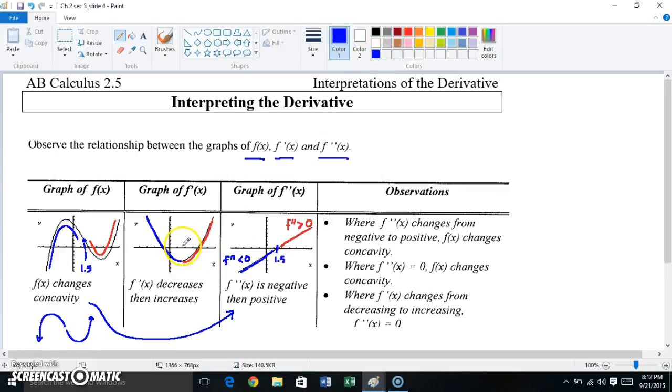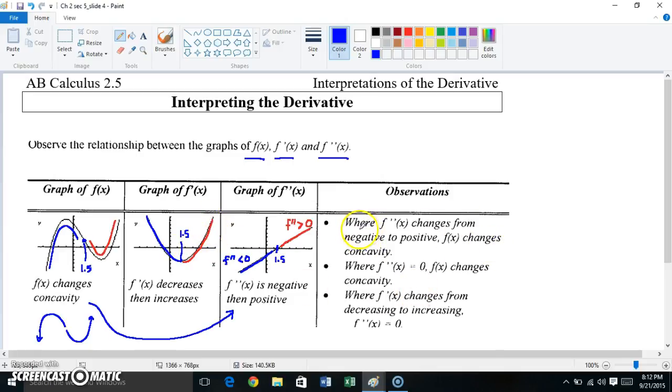Okay, again, where is the location where it changes from negative slopes to positive slopes? It looks like it's at x equals 1.5. All right, negative slopes correspond to negative second derivative. Positive slopes correspond to positive second derivative. Okay, so f prime of x is decreasing, then f prime of x is increasing.